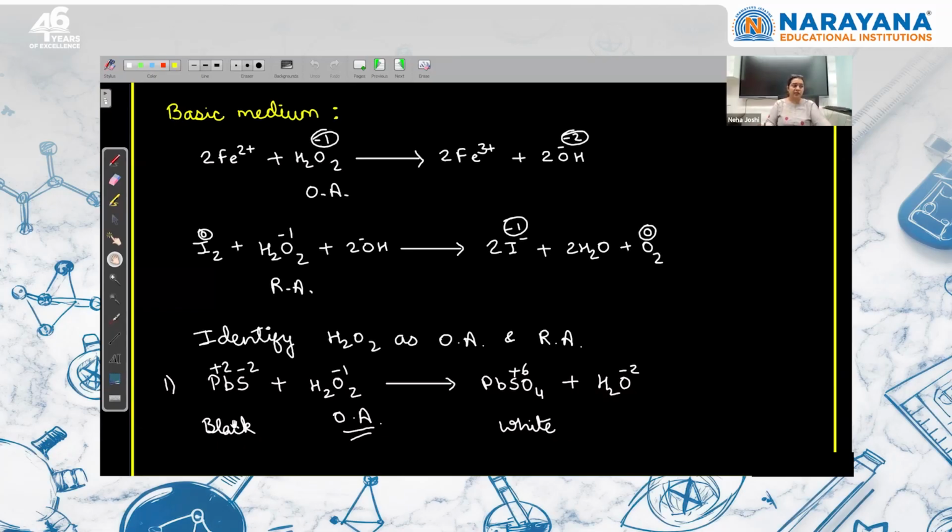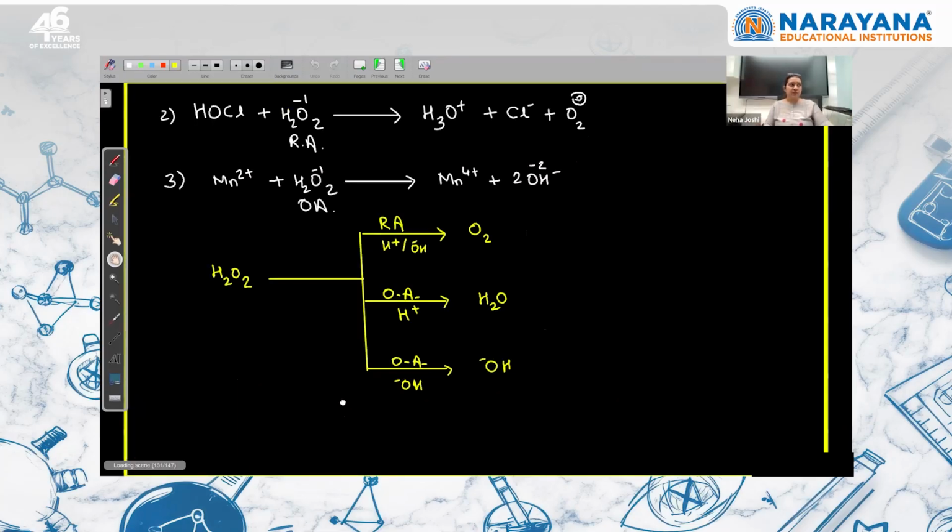Again, qualitative analysis, an important reaction there. PbS, if made to react with H2O2. Okay, remember you will not get sulfur turbidity, you will get PbSO4. Here the sulfur of PbS is oxidized directly to +6 of sulfate. So here H2O2 is acting as oxidizing agent.